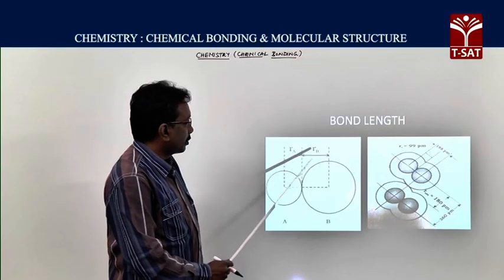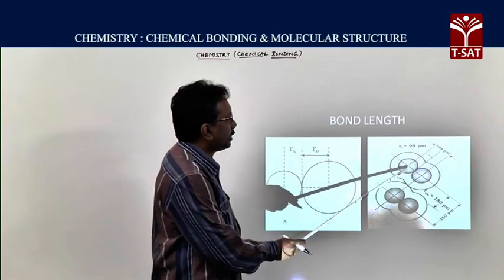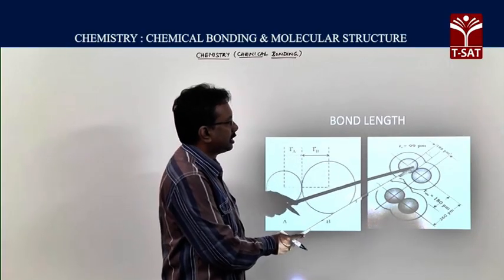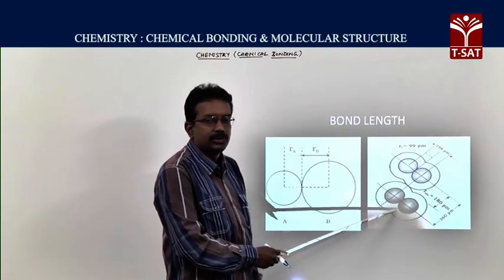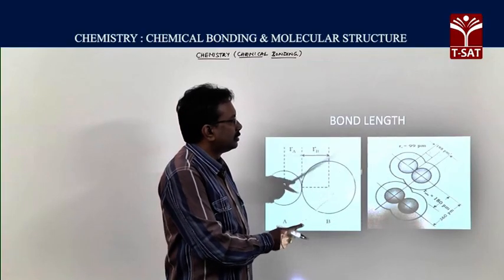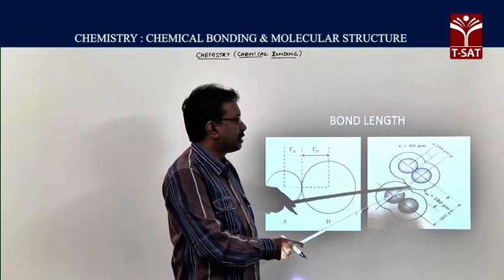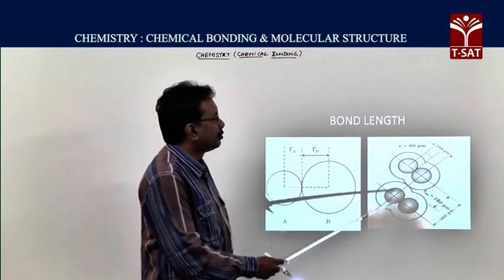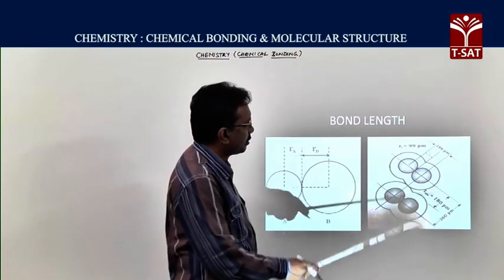Now if you observe this second diagram, I am taking two molecules, with values related to chlorine. This one is a chlorine molecule, another one is a chlorine molecule. So two chlorine molecules without bond formation are attracted to each other. Those attractive forces operating between these two molecules without bond formation are called van der Waals forces of attraction. So now we have two Cl2 molecules under the influence of van der Waals forces of attraction.